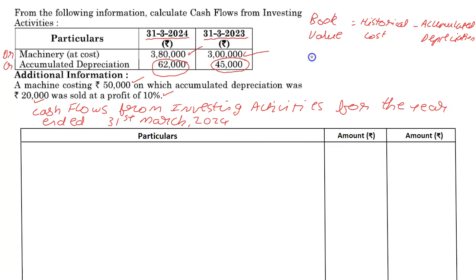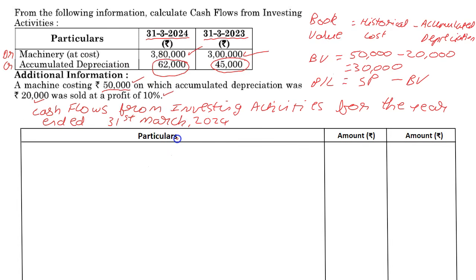The book value for us is going to be the original cost, 50,000, minus the accumulated depreciation, 20,000. So we get 30,000. And after that, profit or loss is equal to sales proceeds, how much we're selling it for, minus the book value.